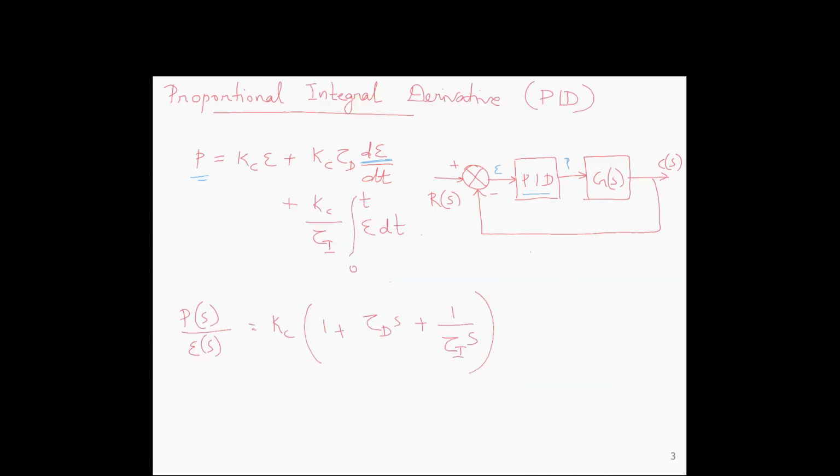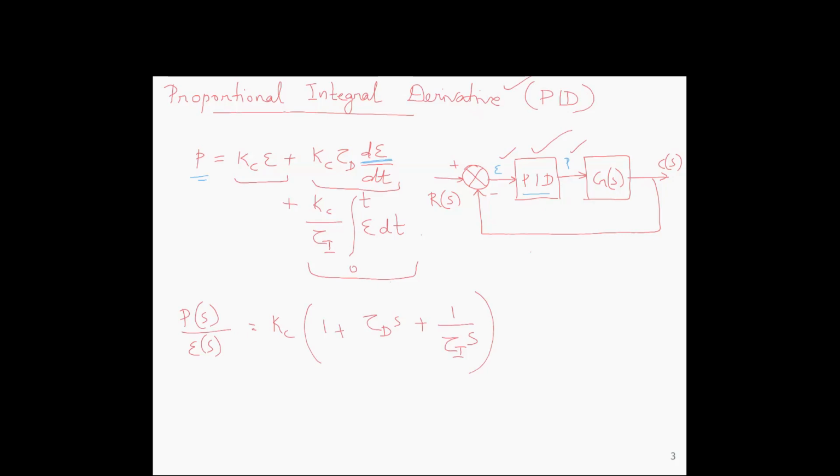Now we will see what a proportional integral derivative controller does. Here we are using a PID controller. The error is the input to the PID controller, and there is a control action P. This control action P has a proportional part Kc into epsilon. It has a derivative part Kc tau d d epsilon by dt. It has an integral part Kc by tau I, integral from 0 to t of epsilon dt.